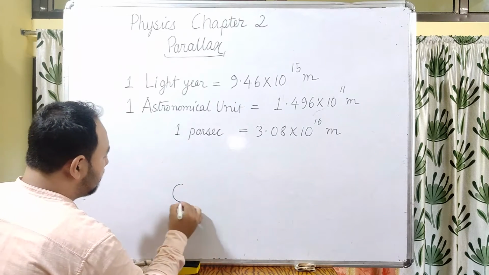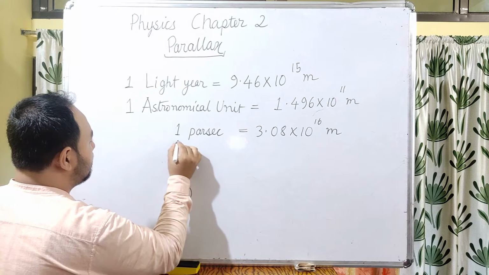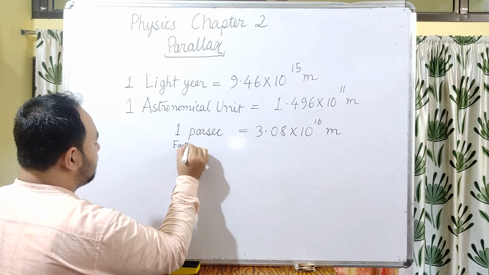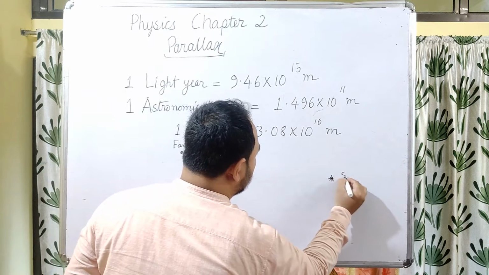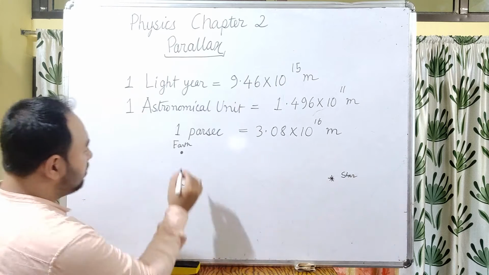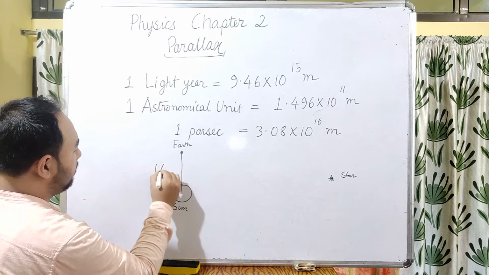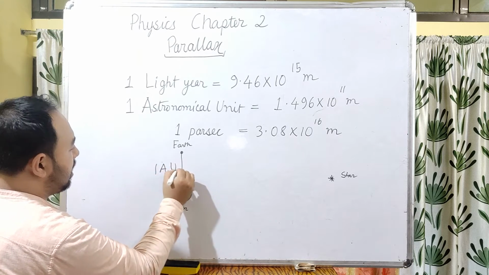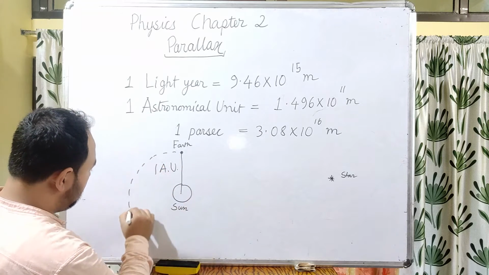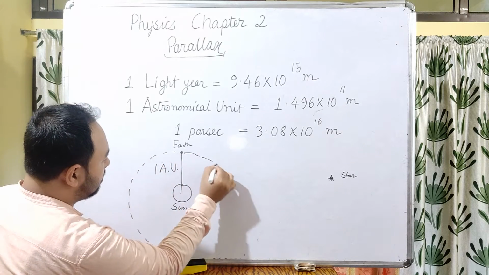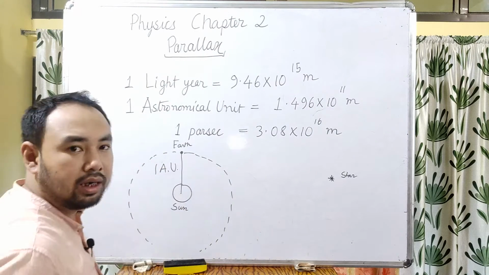Let us consider our sun, then earth, and a distant star. Now this distance, as I have said before, is one astronomical unit. So this is the orbit. Let us consider this to be a circle.